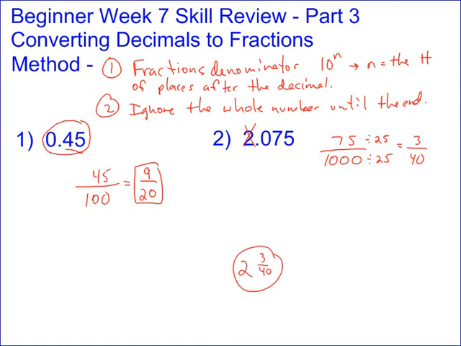Okay, the next problem, again, same thing. Ignore the 5 until the end. Recognize that in 128, we're going to put it over 1,000 because there's going to be 3 zeros because there's 3 places after the decimal point. Well, I know 4 goes into 128. That's pretty clear to me because 4 goes into 28.